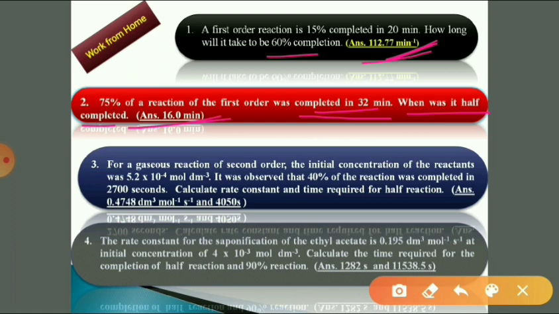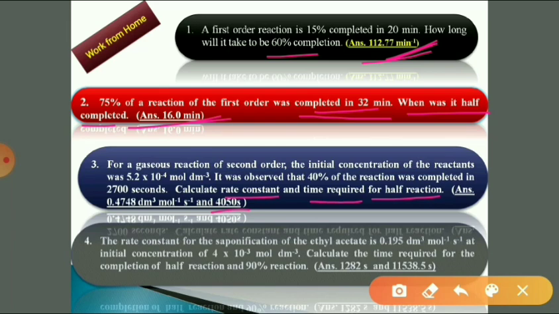You have to calculate the rate constant and the time required for the half reaction, that is half time. The answer is given here: the rate constant is 0.4748 dm cube per mole per second, and the half time is 4050 seconds.